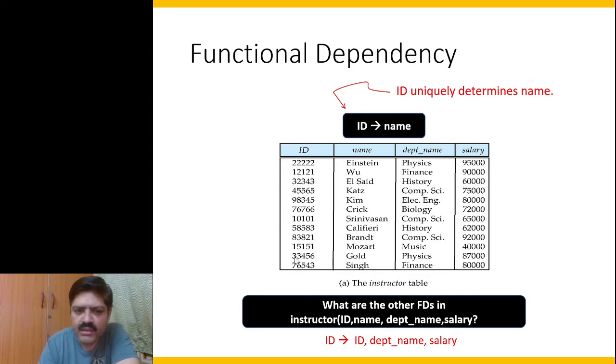That's what I mean. What are the other functional dependencies that you can see in this table? Well, ID uniquely determines almost every other column in this table, including itself. So ID uniquely determines department name, salary, name, and so on.